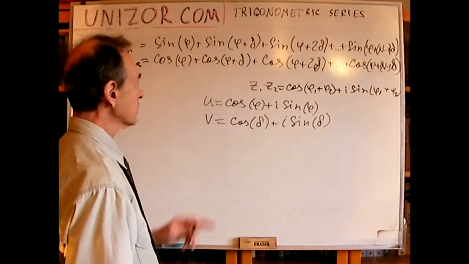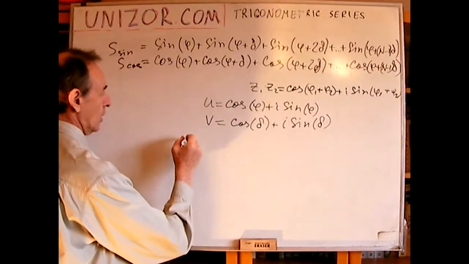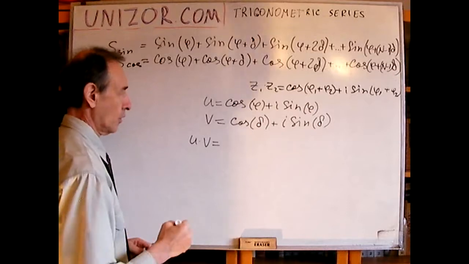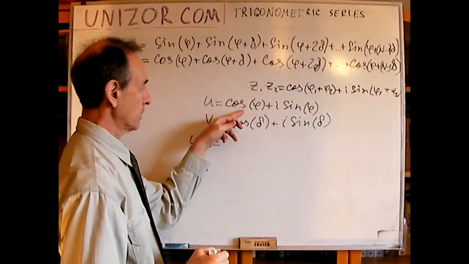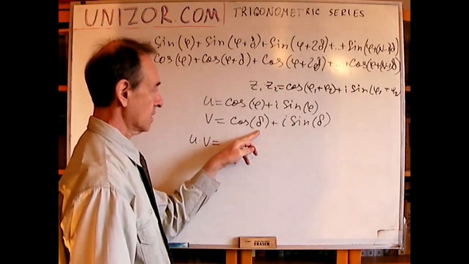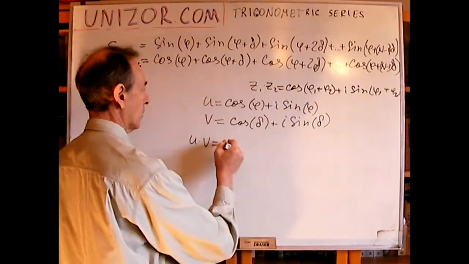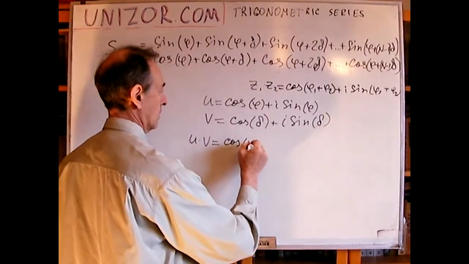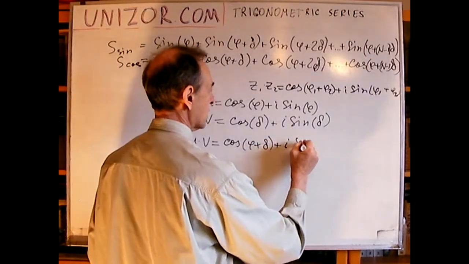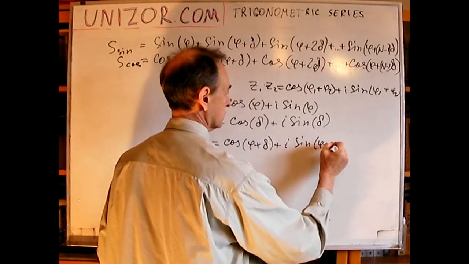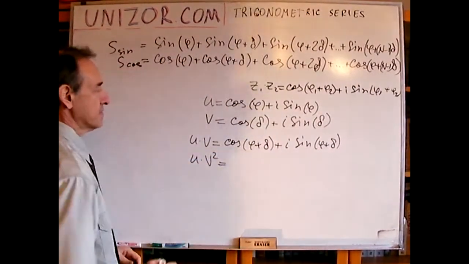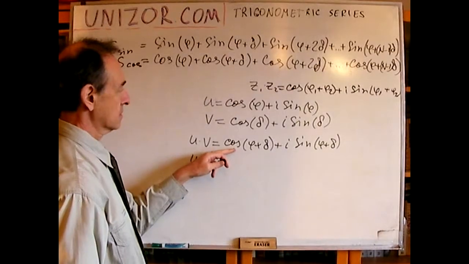Now, using these two complex numbers, what will be u times v? Well, if I multiply one complex number with angle phi by another with angle delta, I will have a complex number with angle equal to the sum of these angles, right? What if I multiply again by v?